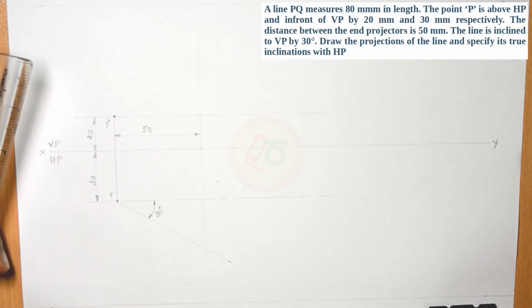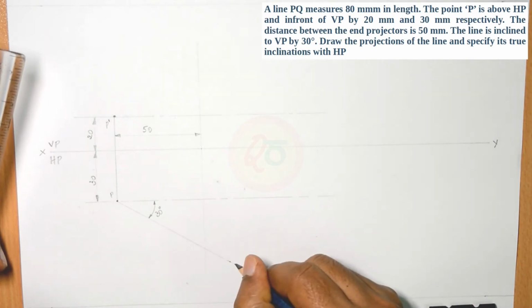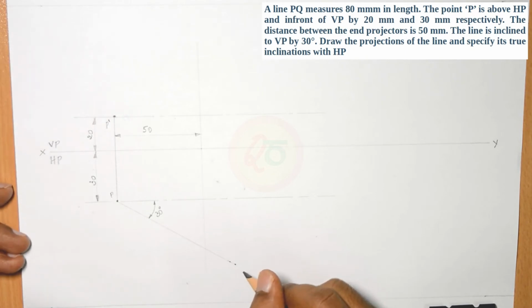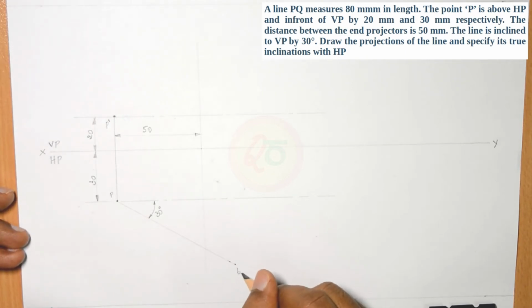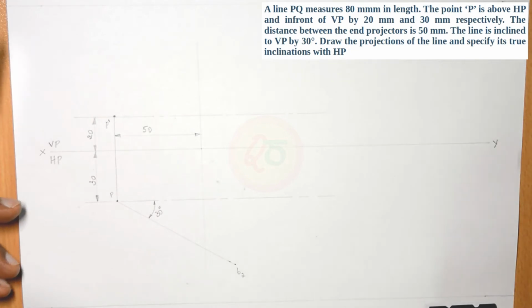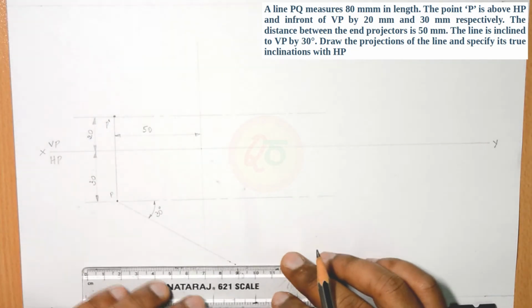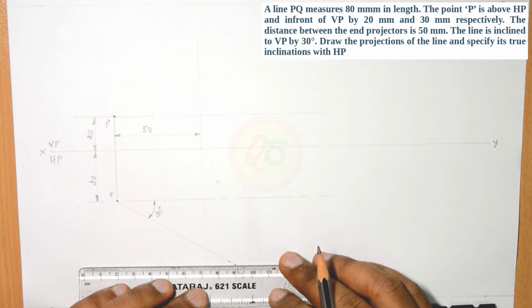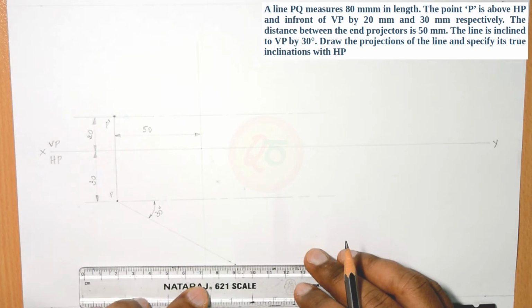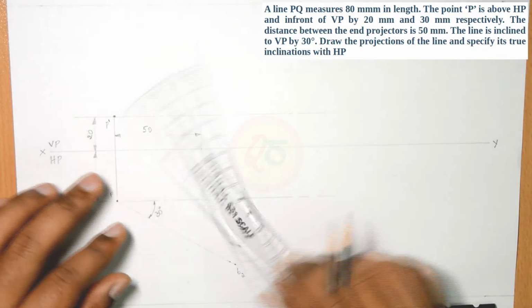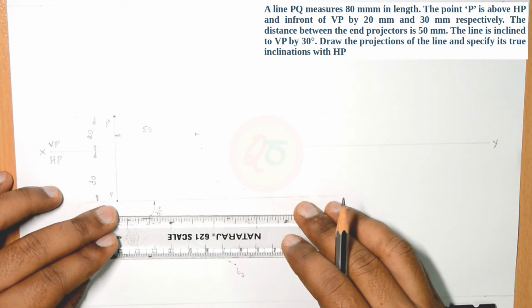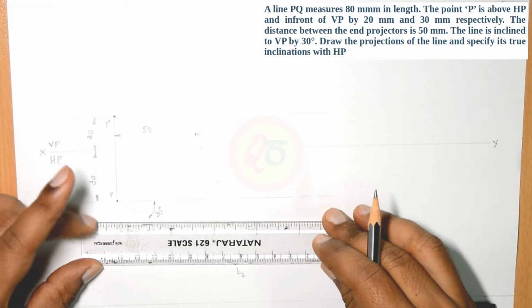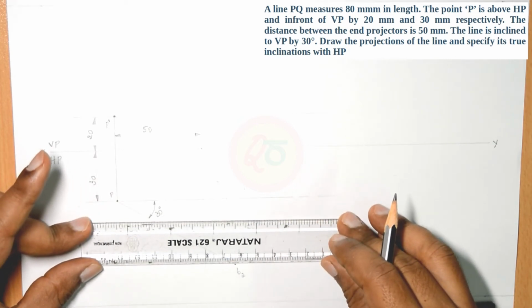So this point I'll name it as B2, and I'll draw a locus at B2. Let me use the other edge of the scale. The locus should always be parallel to your XY line.